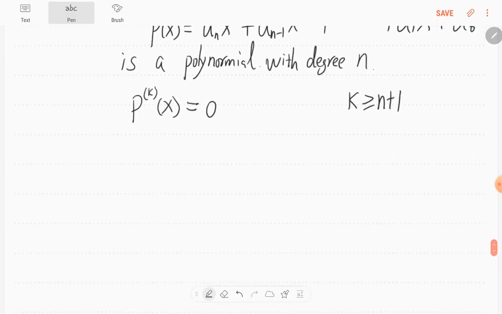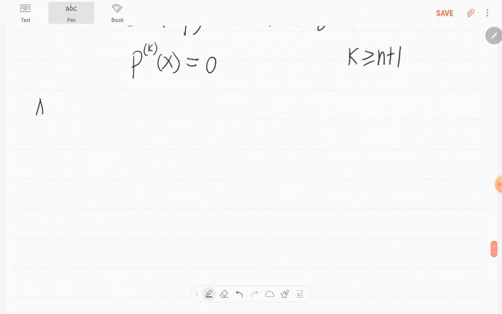Here is an application of the higher order derivative, which is acceleration.